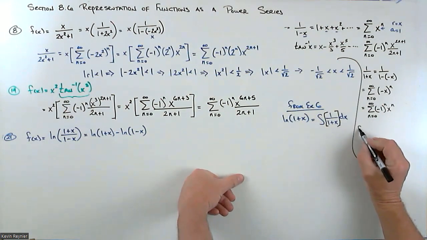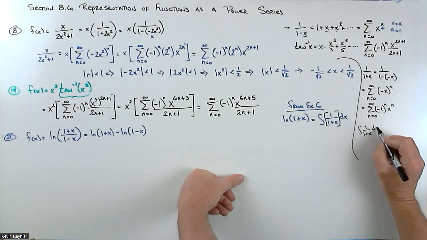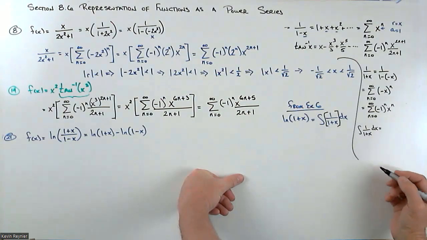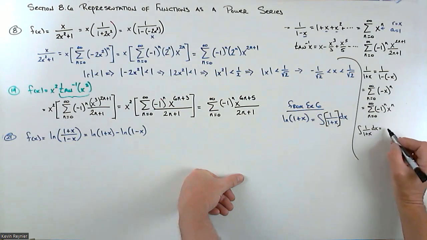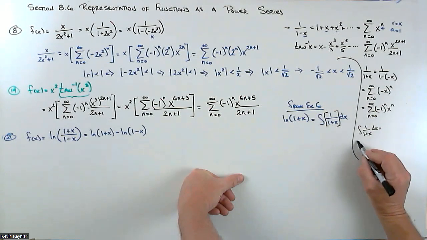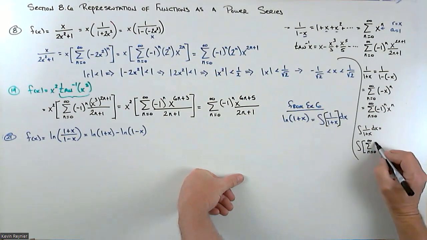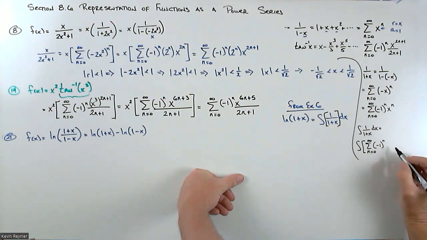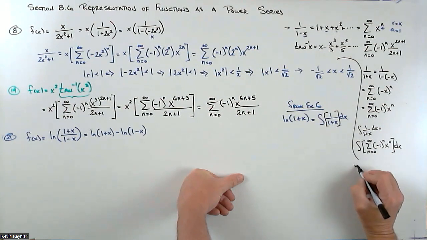So if we integrated 1 over 1 plus x dx, we know we get the natural log, but we're looking for the power series representation. That would be the integral of sigma n equals 0 to infinity of (-1)^n x^n dx.